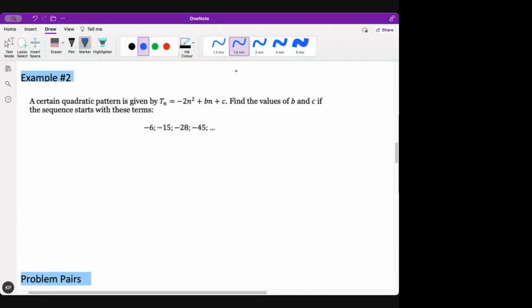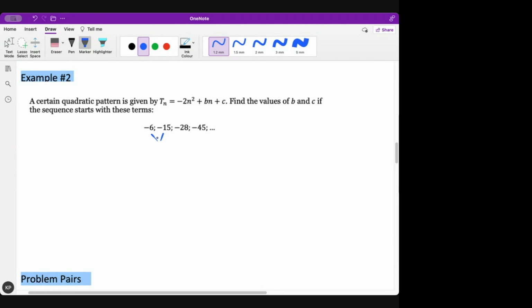Okay, let's find our first differences. Now be careful because these are negative numbers. So between term 1 and term 2, let me move this here so I can see your answers. What is my first difference between term 1 and term 2?